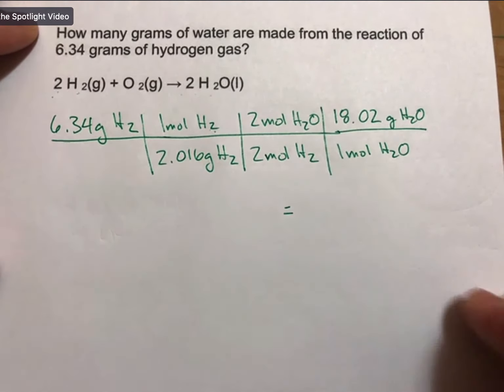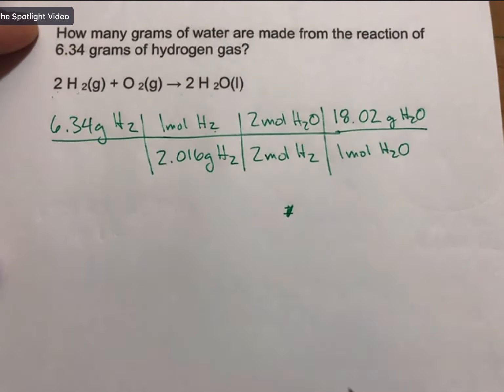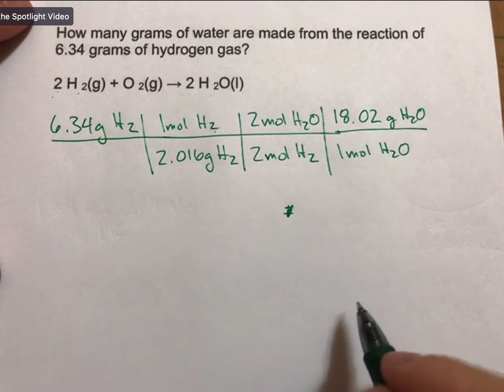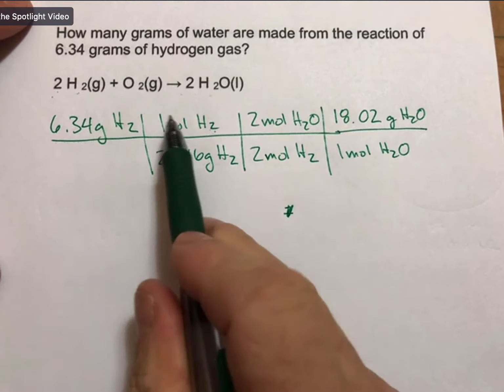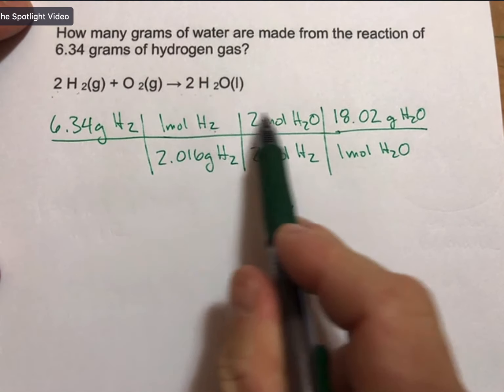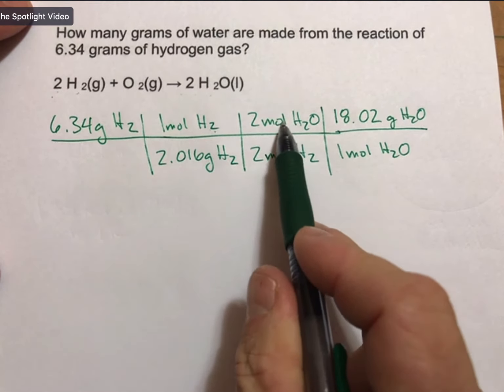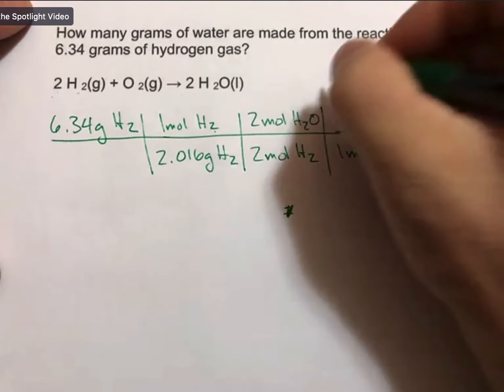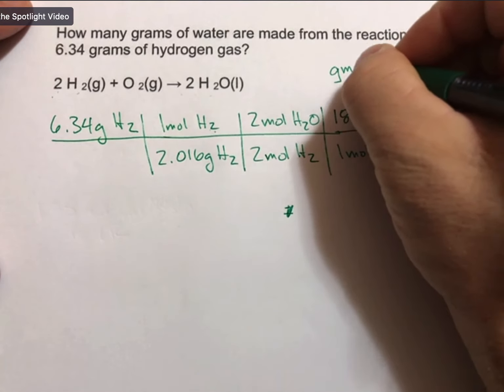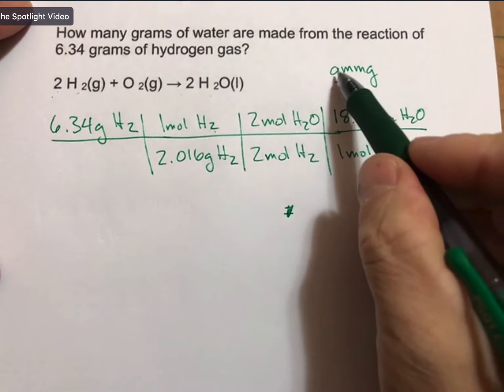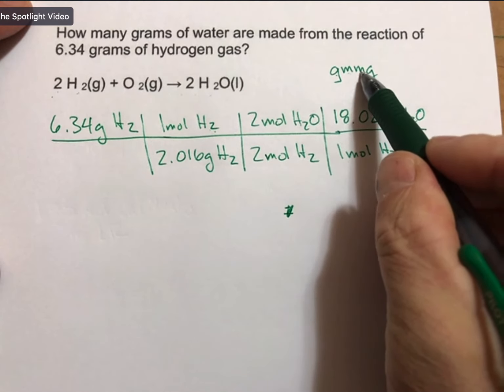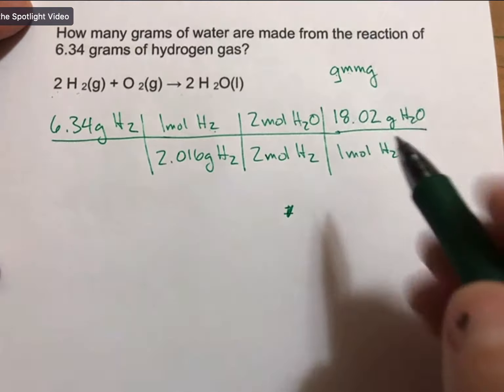This is what I would call grams to moles of something else to grams. And in the homework, I'm denoting those in the titles as grams to moles to moles of something else, and then moles to grams.